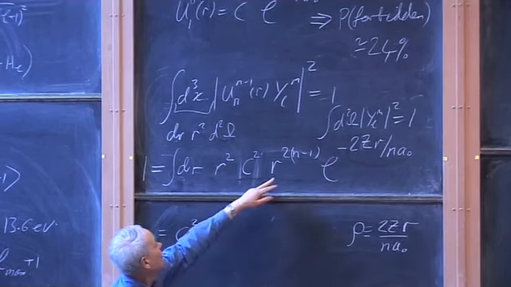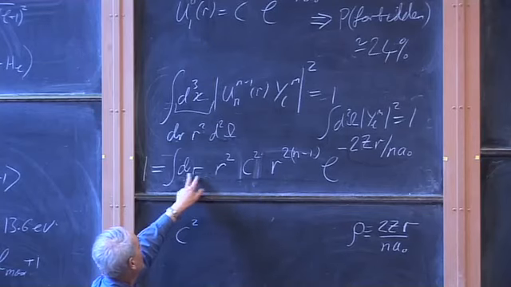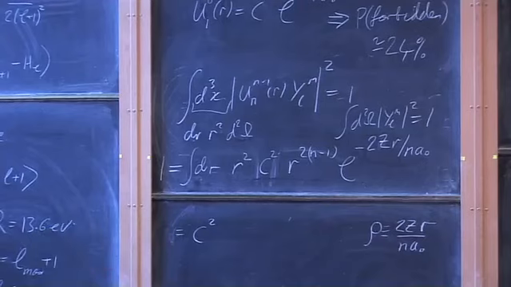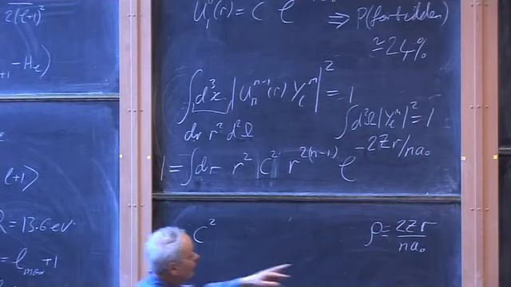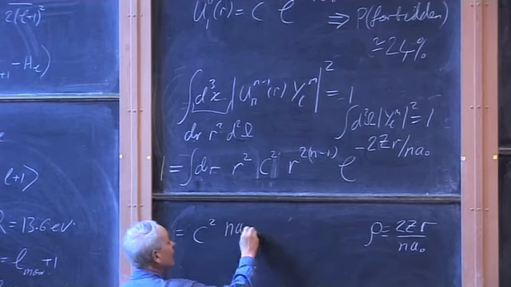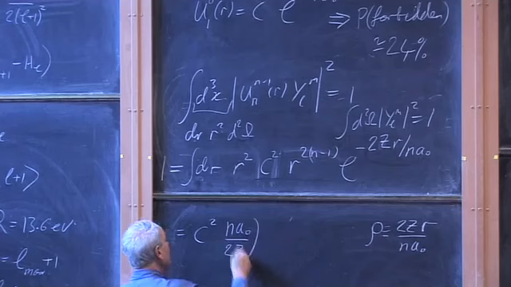I have an r to the 2n, and I want to make all of those r's into rhos, which means I have to multiply by a load of factors n a0 over 2z.